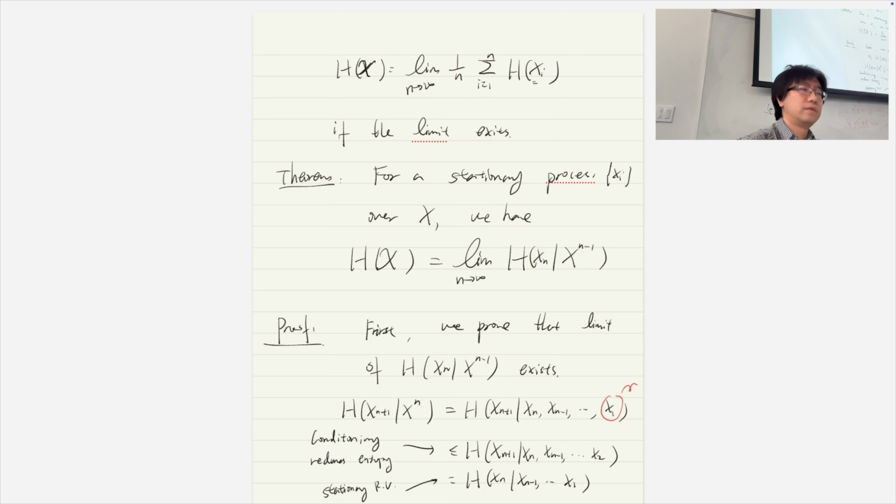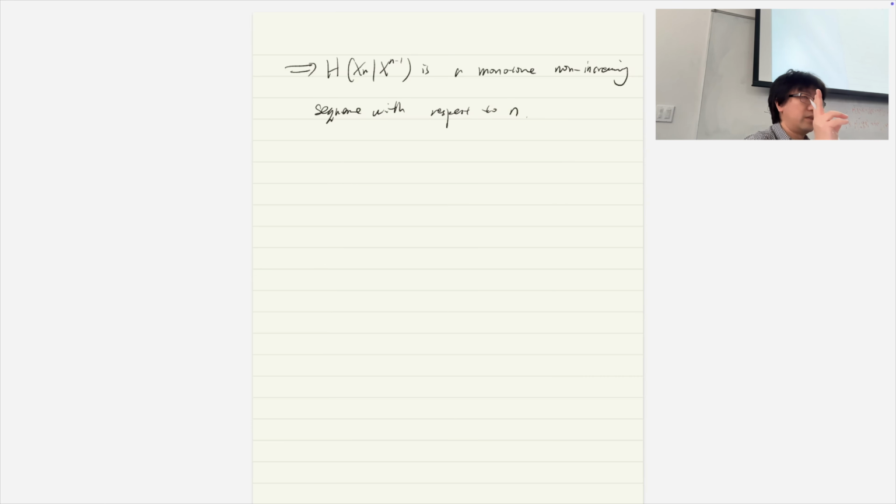From here we could conclude that this guy is a monotone, non-increasing sequence with respect to n.